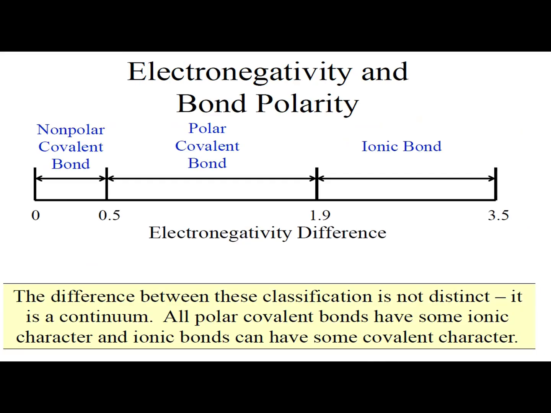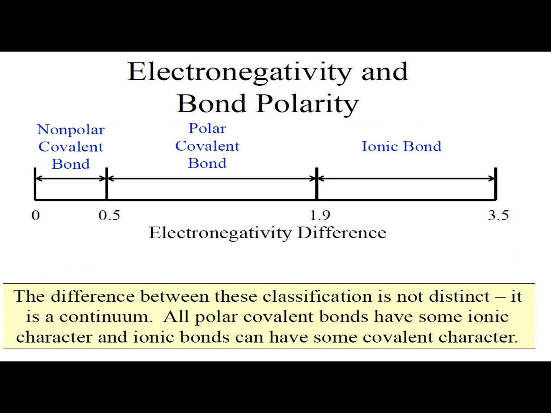Looking at electronegativity and bond polarity, the greater the electronegativity value, the more strongly the element is going to attract electrons to itself. And so basically we get our electronegativity difference by subtracting the electronegativity values of the two atoms that are bonded together.